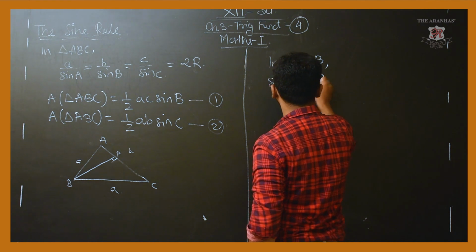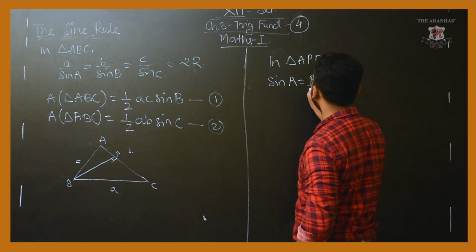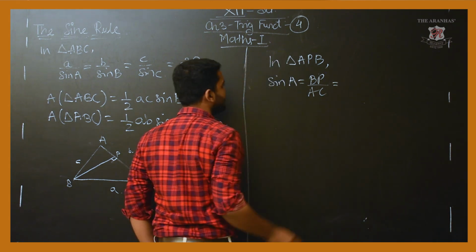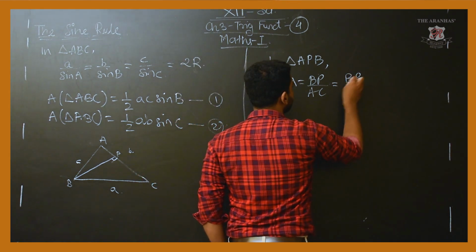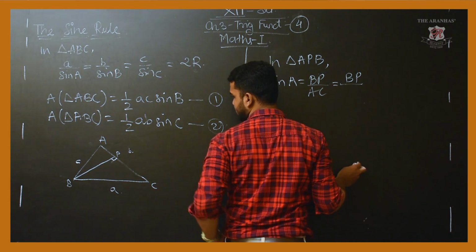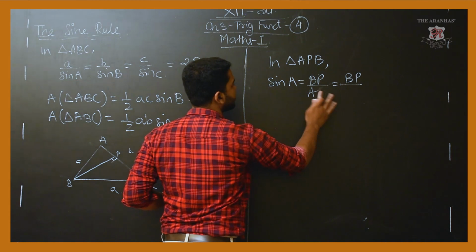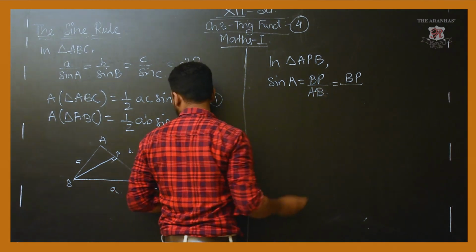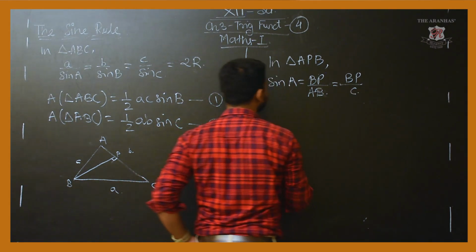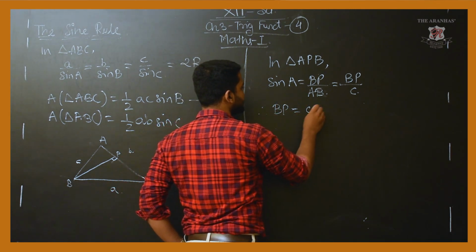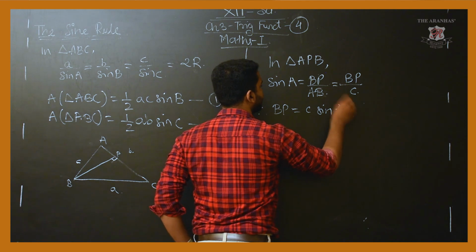BP is opposite, and what is hypotenuse? AB is the hypotenuse. Substitute the value of AB, that is c. So therefore, BP is equal to c sin A.